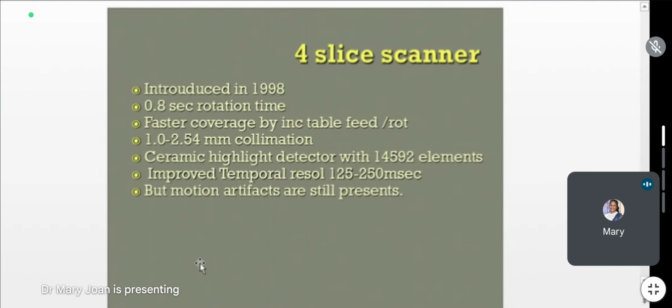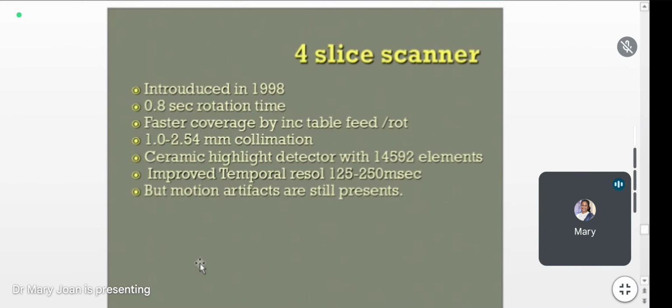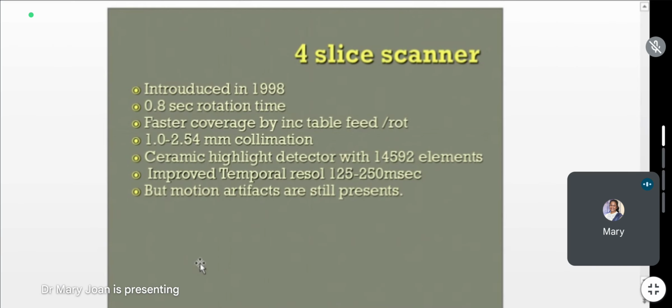The 4-slice scanner was introduced in 1998 with a 0.8 second rotation time, faster coverage by the table feed or rotation, 1 to 2.5 mm collimation, and a ceramic detector with 1,400 to 1,592 elements. It improved temporal resolution to 125 to 250 milliseconds, but motion artifacts are still present.